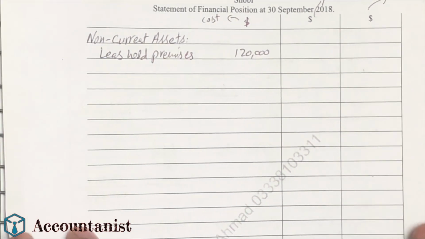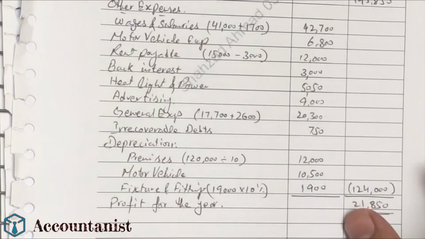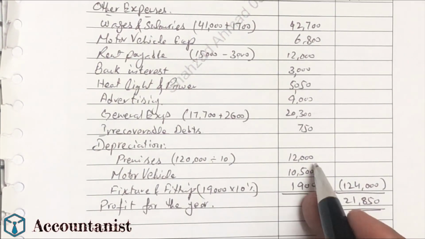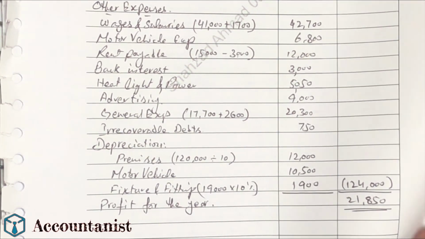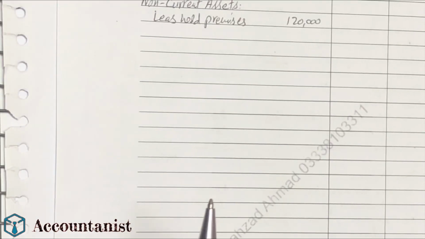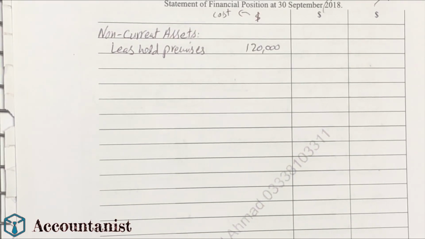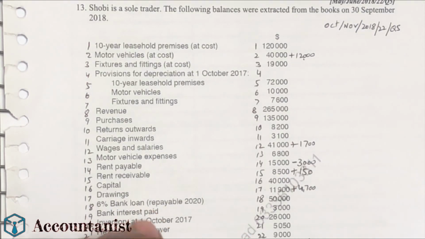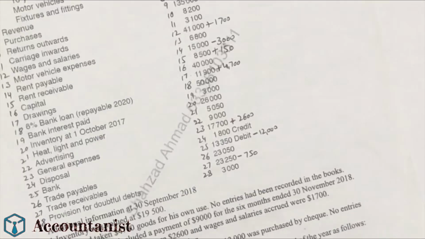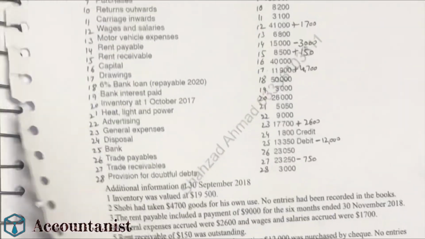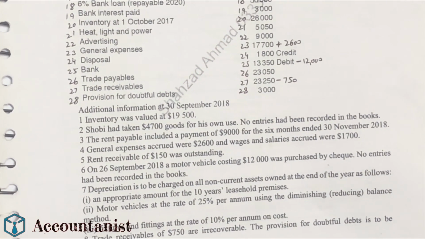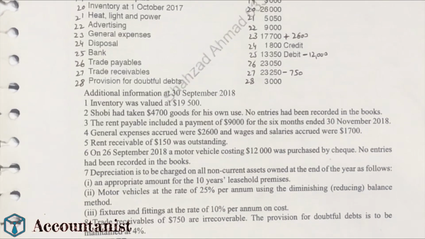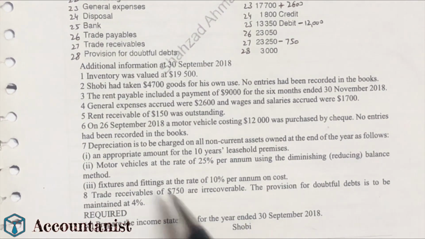As we already made the income statement, we already calculated the depreciation of 12,000 for this leasehold premises. If students do not have to make the income statement, they have to calculate the depreciation similarly to what we have done in the income statement section. The way to calculate the depreciation will be given to us in the question. Let me show you again.